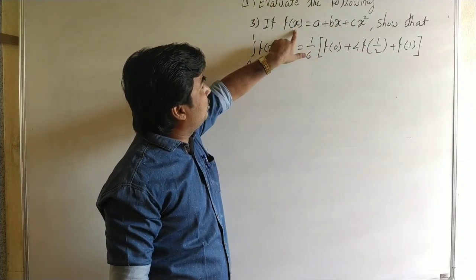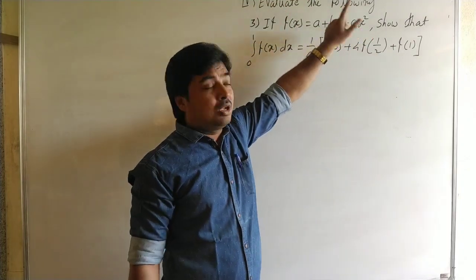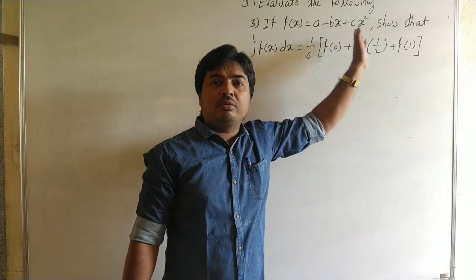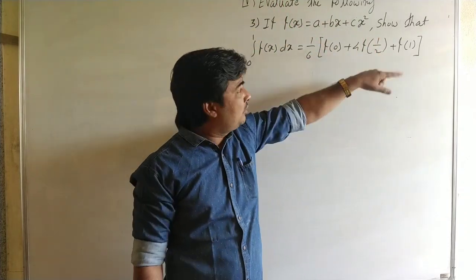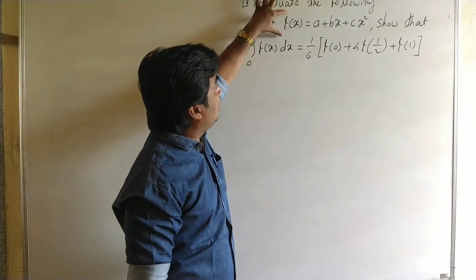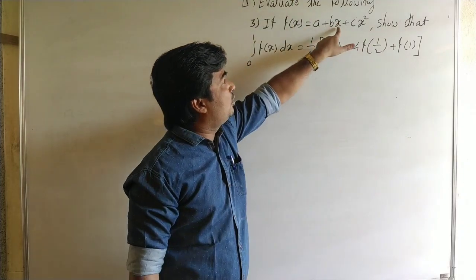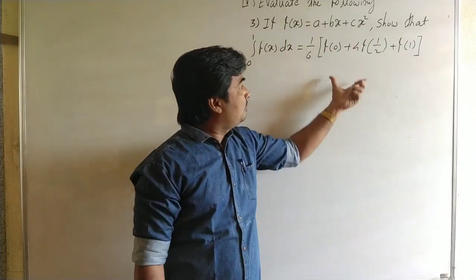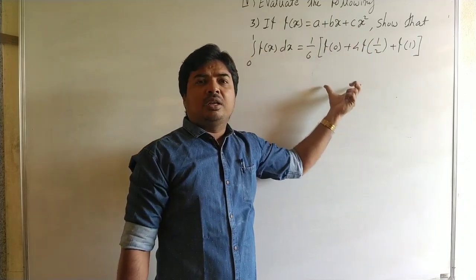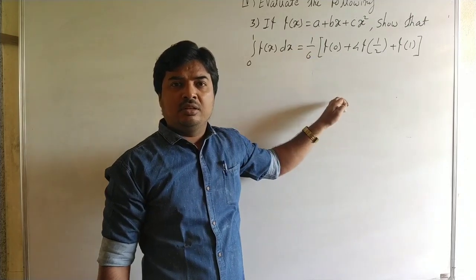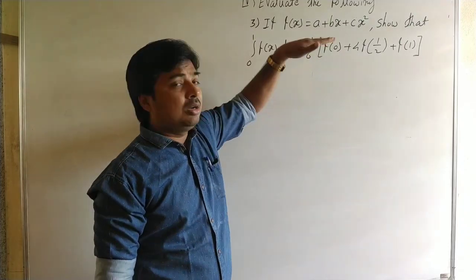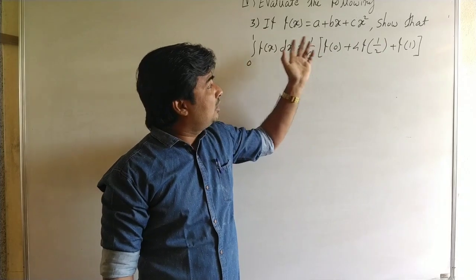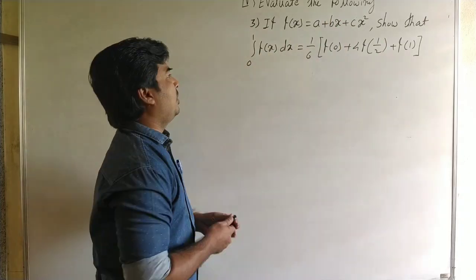When we put x is equal to 0, it is the value of f of 0. When we put x is equal to 1 by 2, then it is f of 1 by 2. And when we put x is equal to 1, then we get the value of f of 1, and adding them in the RHS, then from equation number 1 and equation number 2 we can say both are equal, because here it is a show that.